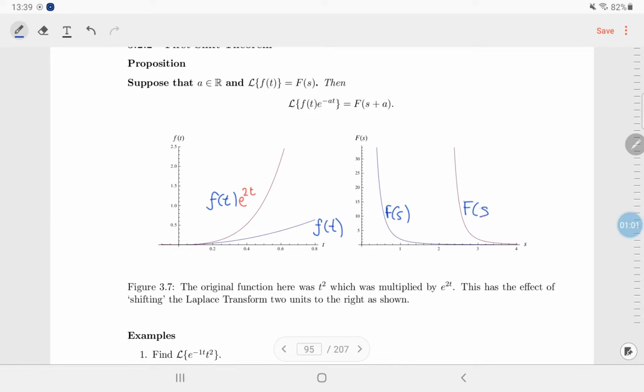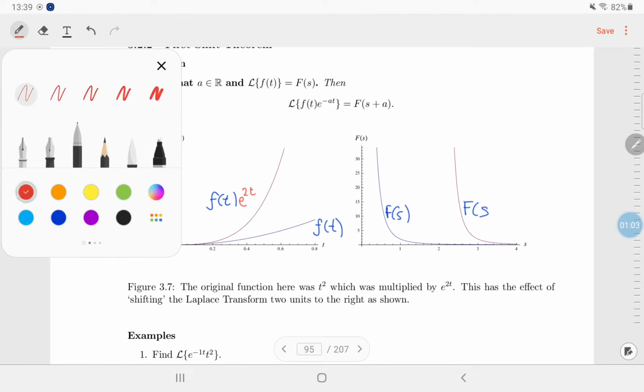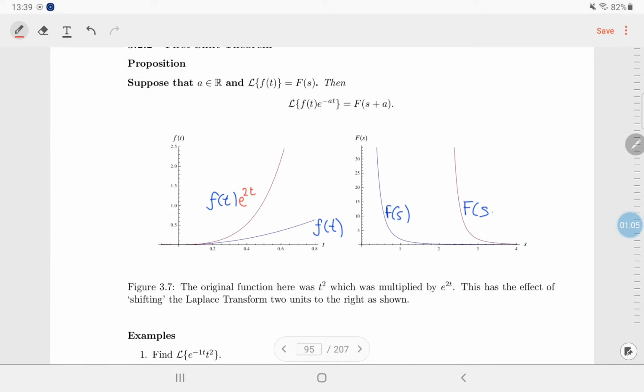And how that works is we'll have this shifted over by 2. So I'm going to write shift, shifted by 2. So we get the big F of s.